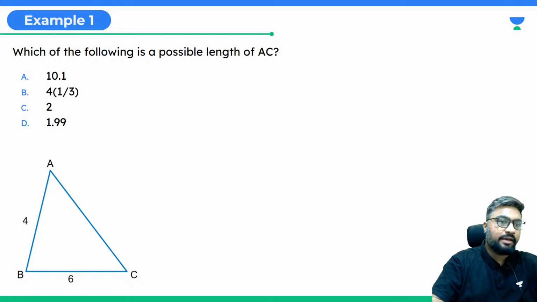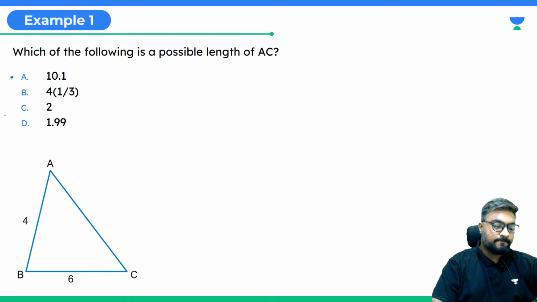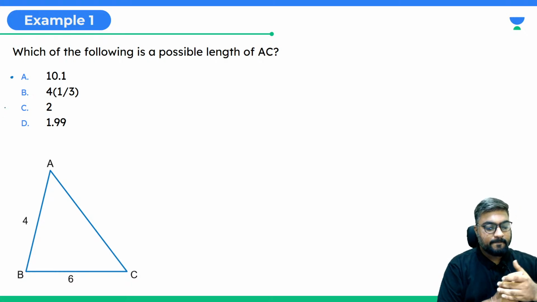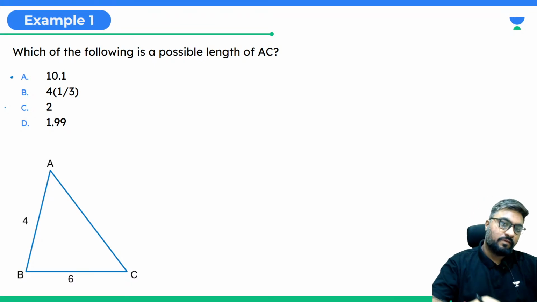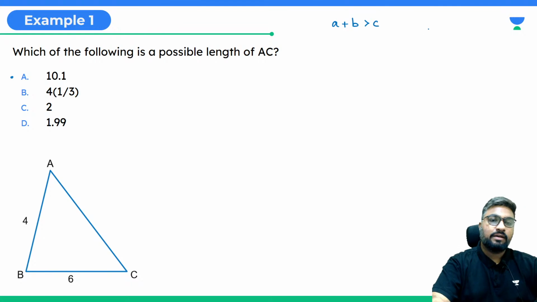Pooja says A. Others? Always remember, the sum of any two sides must be greater than the third side, and the difference of any two sides must be less than the third side.